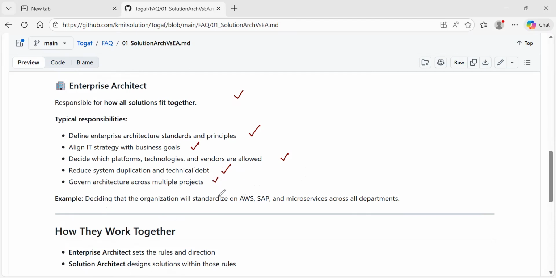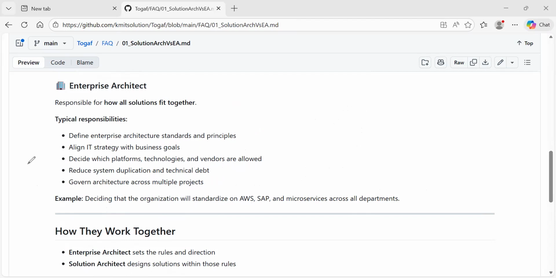Okay, so for example, deciding the organization to standardize on AWS, SAP, microservices across all the departments. So strategy is basically defined by the enterprise architect, and the solution is implemented by the solution architects.